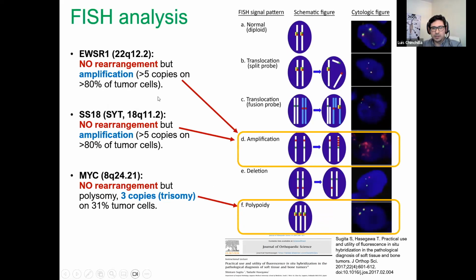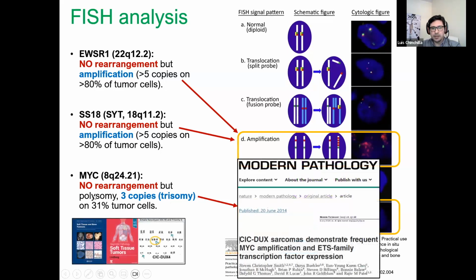So this probably rules out the possibility of Ewing or EWSR1 non-ETS tumors and synovial sarcoma. But interestingly, MYC was not rearranged, but it showed a 3-copy trisomy. This is not a karyotype, but this is suggestive of a trisomy, right?